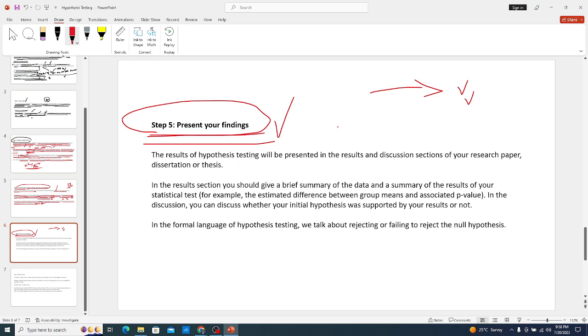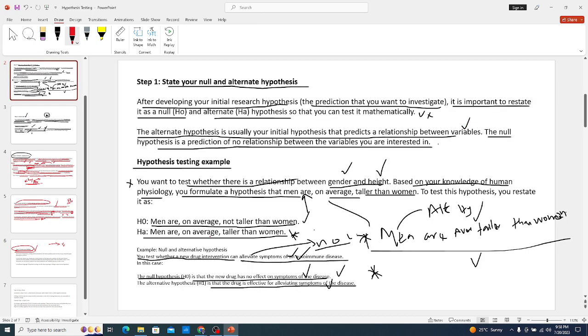In case I reject the null hypothesis, like for the example of the height, meaning I'm in support of the alternative hypothesis, then I will conclude that it's true that men are taller than women.